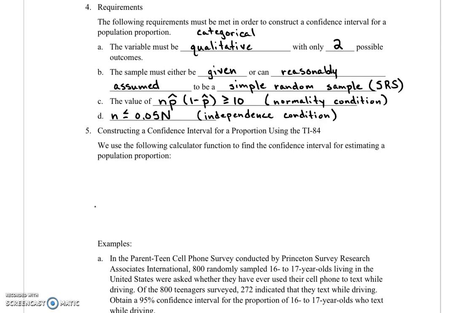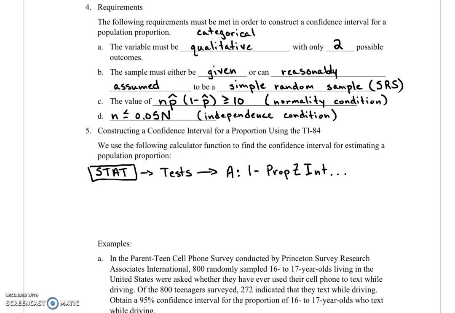So how do we actually construct the confidence interval on the calculator? Well, we do it this way. We hit the stat button. We go over to the tests menu and we go down to option A, as in the letter A as in apple, which says 1-PropZInt.